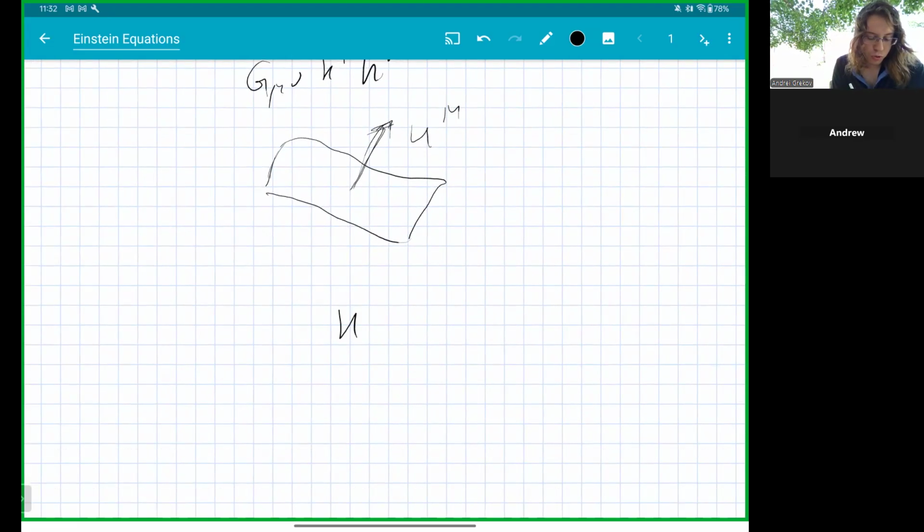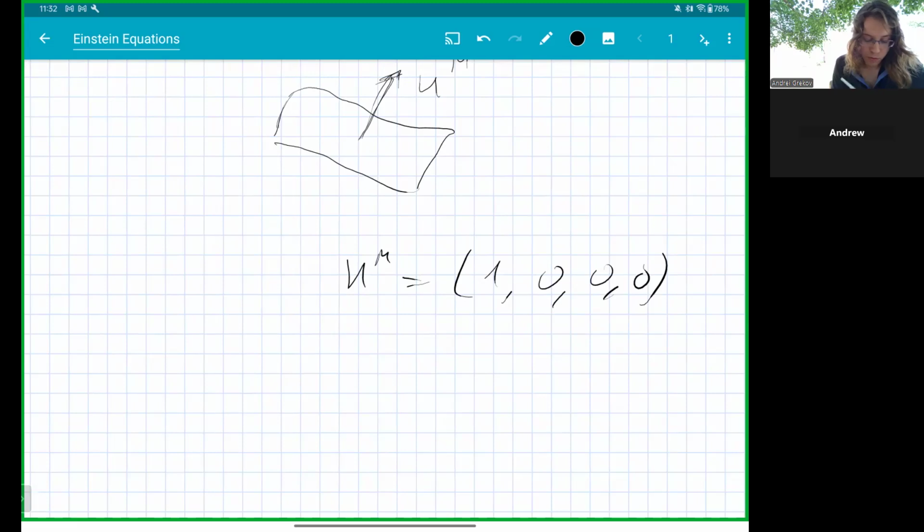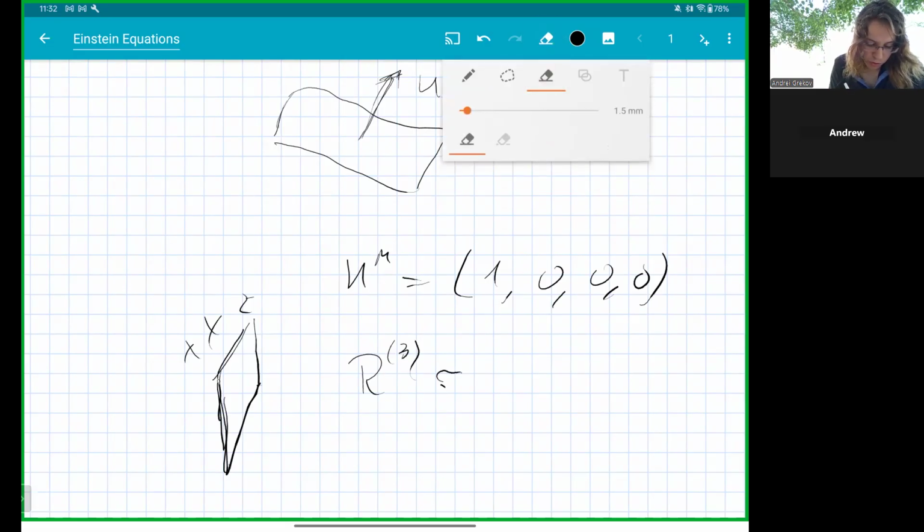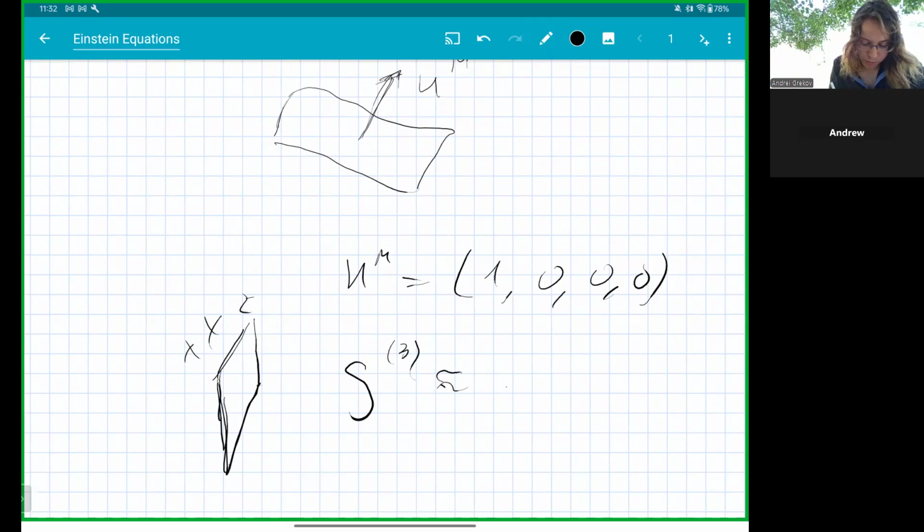For example, if you just choose u mu to be some sort of vector like this, 1, 0, 0, 0, we literally will get that the curvature of a three-dimensional slice x, y, z, the scalar curvature, is equal to the usual energy density, which means the energy density creates curvature of space.